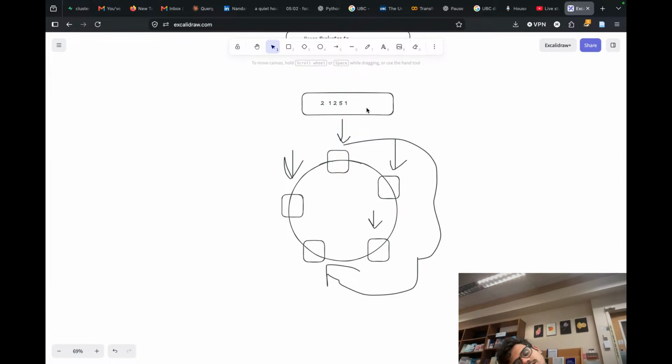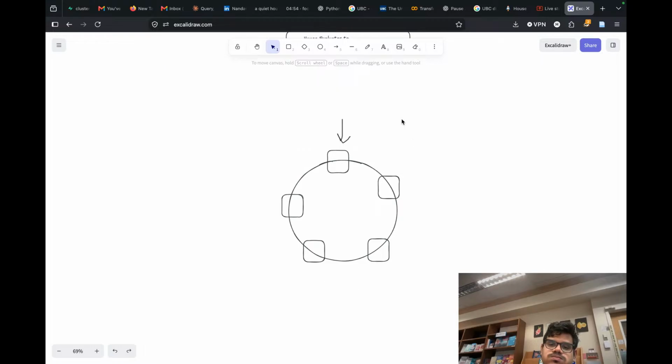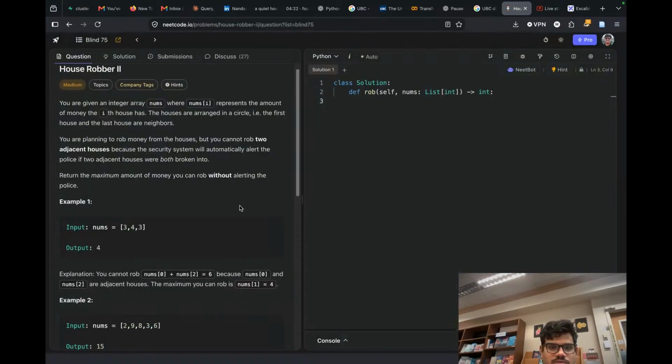That way he will have the maximum. I think that approach is the better one, starting from here and then checking whether we should take or not take. Yeah, let's go and solve the problem.